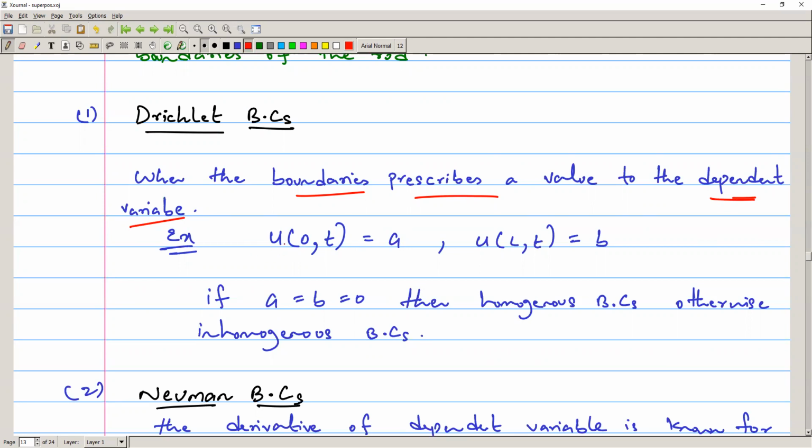So u(0, t) equals A, and u(L, t) equals B. So A and B may be any arbitrary constants, and their value may be defined in terms of constants like 1, 2, 3, 4, or any real number. All right. So we can write that A, B belong to the real numbers, right?